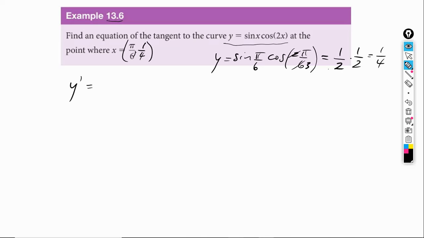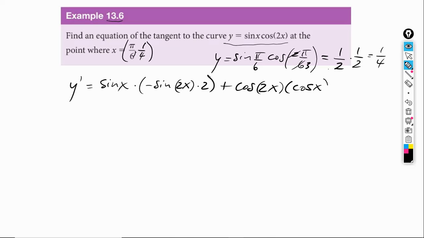This is going to then equal sine of x. We don't alter the first factor, times the derivative of the second factor. Now notice that this is going to be minus sine of 2x times 2 plus the second factor, so that's going to be cosine of 2x times the derivative of the first factor, so the derivative of sine of x, which is cosine of x.